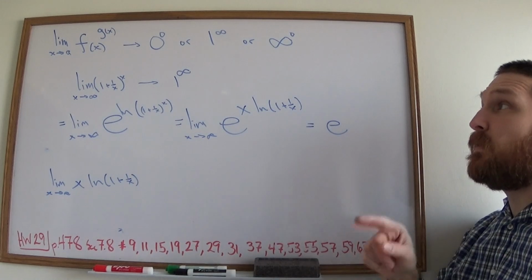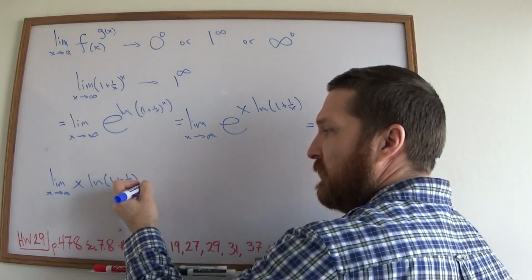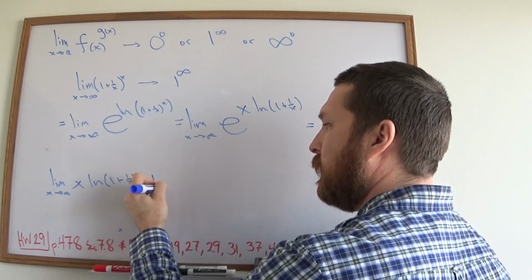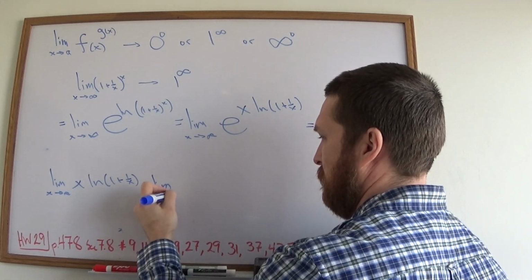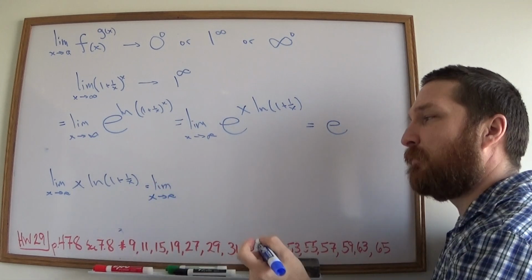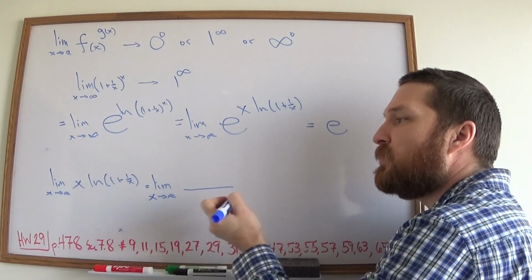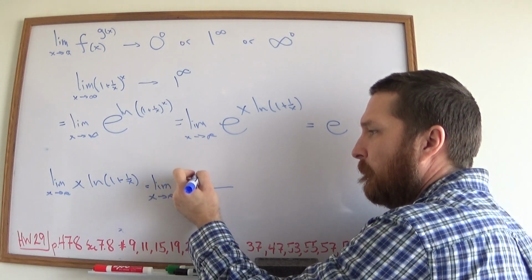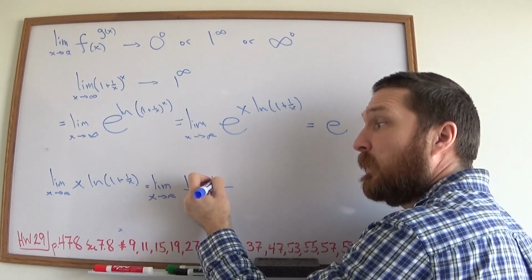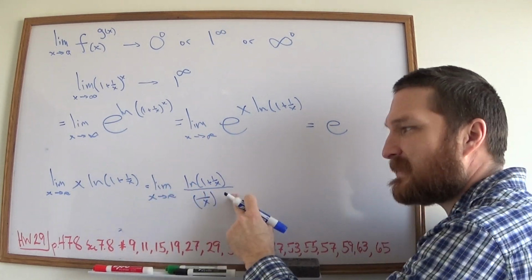We're not quite ready to use L'Hopital yet. We need to split this guy up, because we're not quite there yet. So who do you want to leave in the top? The log. Okay, it would work if we did it the other way, but I think that's the wise way to do it. This is exactly the same thing.